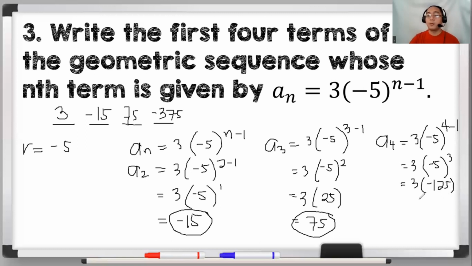Then if you multiply that one by 3, results to negative 375. Now, observing our answers earlier, they have the same answers, whether applying the multiplication of the common ratio or using the formula for a geometric sequence.